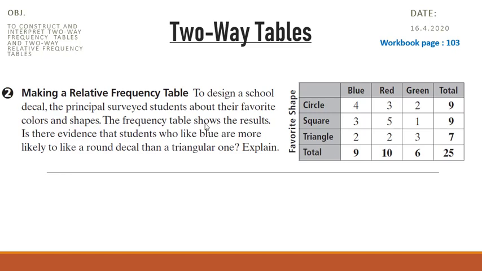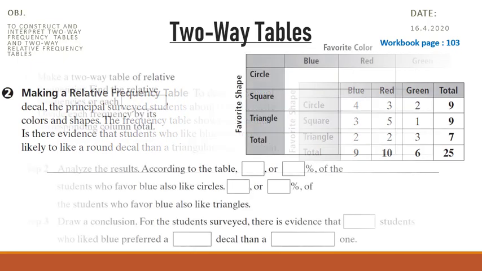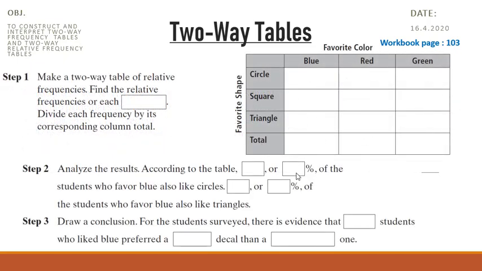So we have this constant, blue. We know that it's blue, but we need to know whether the students who like to use blue will like to use the circle ones or the triangular ones. Okay, so that's why we use the column.